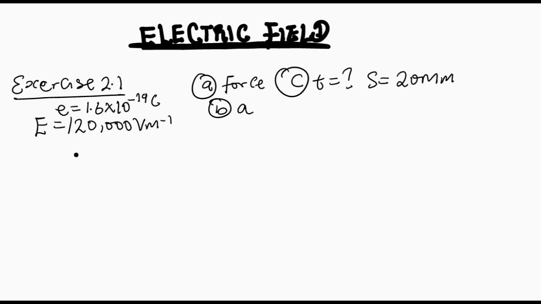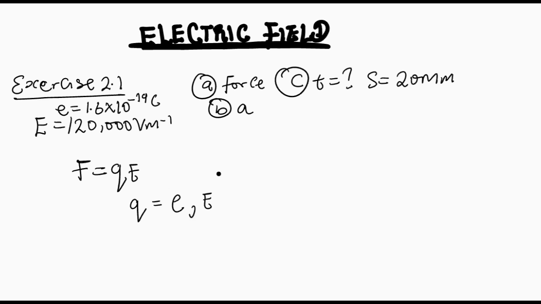So let's go. Remember that force is related to electric charge by F equals QE, right? And Q, in this case, is the same thing as e, the charge of the electron. Then the intensity has been given to us.